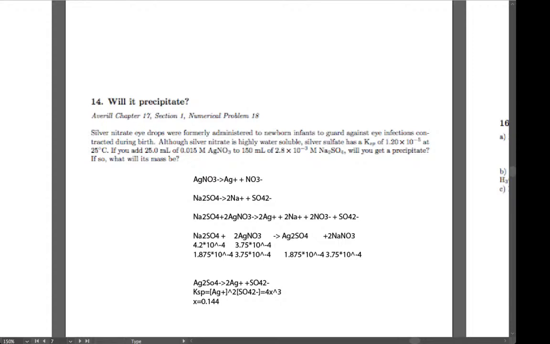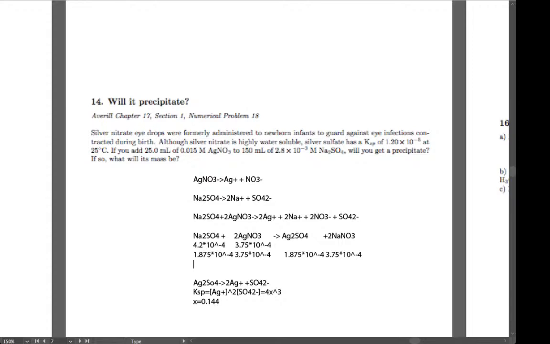This could be something very cool. What about sodium nitrate? Does sodium nit no, sorry, sodium sulfate. It is not talked about, but I don't think so. But for the silver nitrate, that's probably highly soluble.